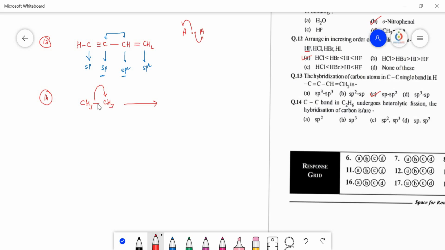Since this particular carbon is losing all electrons to this CH3, this CH3 becomes CH3 minus. Since the other is losing the electrons, it becomes CH3 plus. For a carbocation, whenever carbon has a positive charge, its hybridization is sp2. With a negative charge, its hybridization is sp3. So sp2 and sp3 hybridization, hence option C is correct.